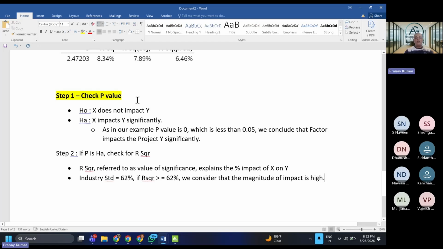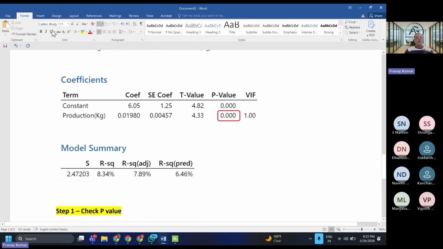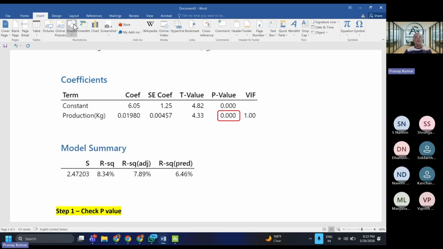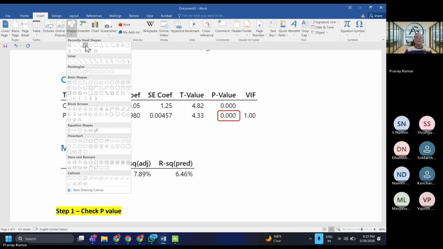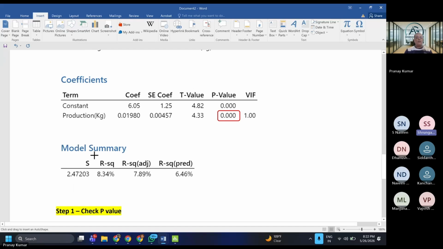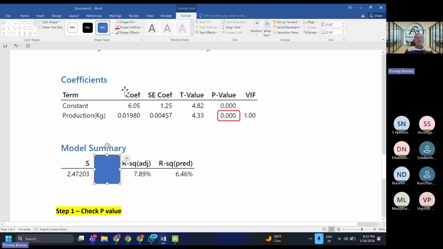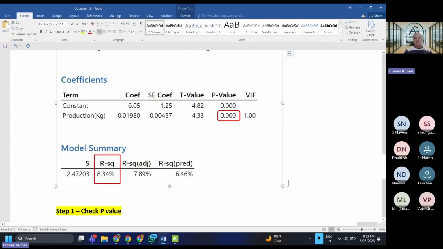Let us look at our case. In our case, what is your R square, people? 8.3. 8.34. While you wanted 62% and above, how much did you get? 8%. So it is almost negligible. Only 8% impact.